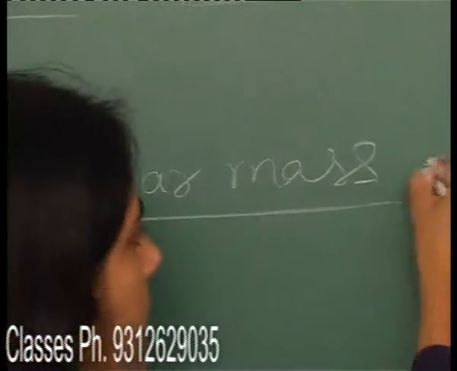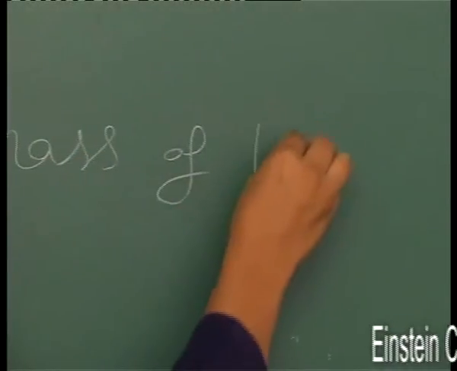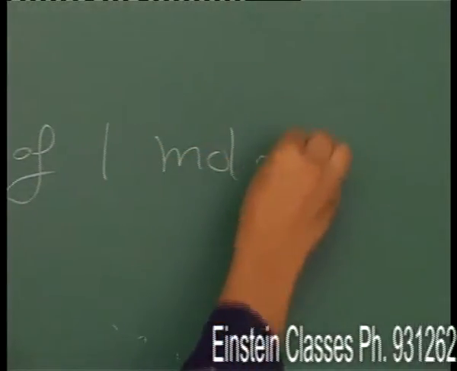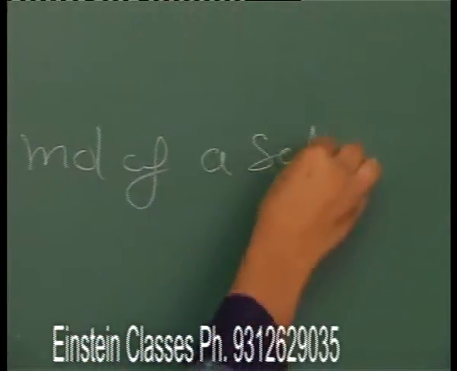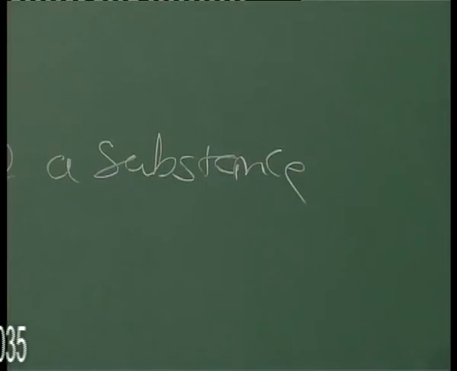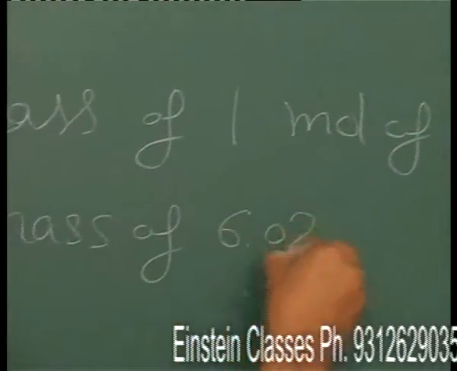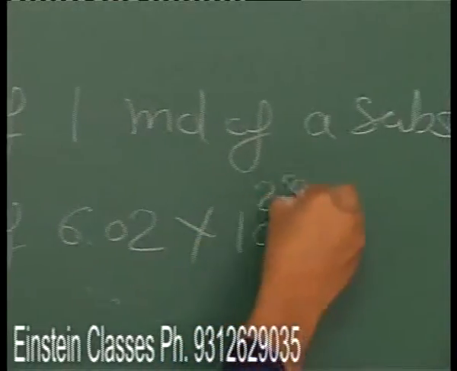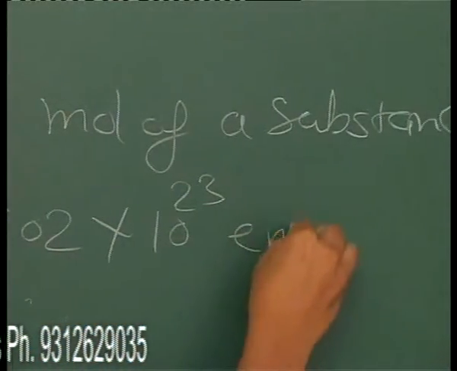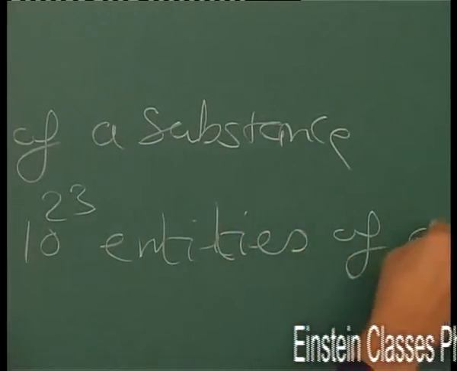Molar mass is the mass of 1 mole of a substance. Or it can be defined as the mass of 6.02 into 10 raised to power 23 entities of a substance.